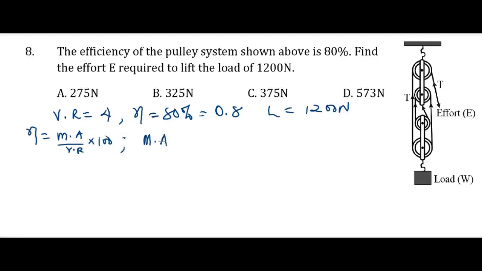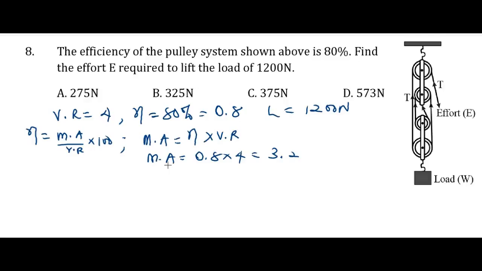So our mechanical advantage will just be efficiency times velocity ratio. Now, what is our mechanical advantage? It will now be efficiency, which is 0.8, times velocity ratio, that is 4. 0.8 times 4, that is 3.2.